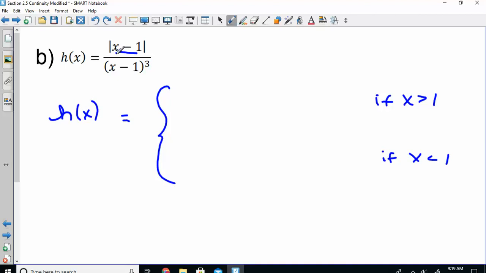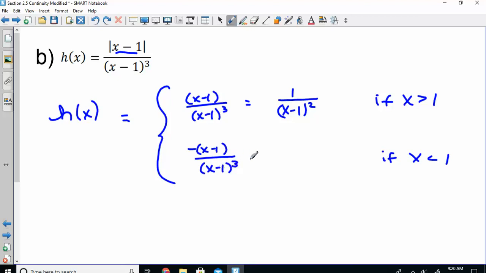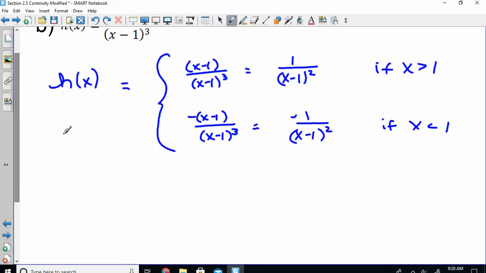Okay, if x is greater than 1, does the absolute value change anything? No, you're just going to have an x minus 1 on top, x minus 1 cubed on the bottom, and you end up with 1 over x minus 1 squared. If it is less than 1, that means what's inside the absolute value is negative, so when you do the opposite, you would have to put a negative on that, and you end up with negative 1 over x minus 1 squared.